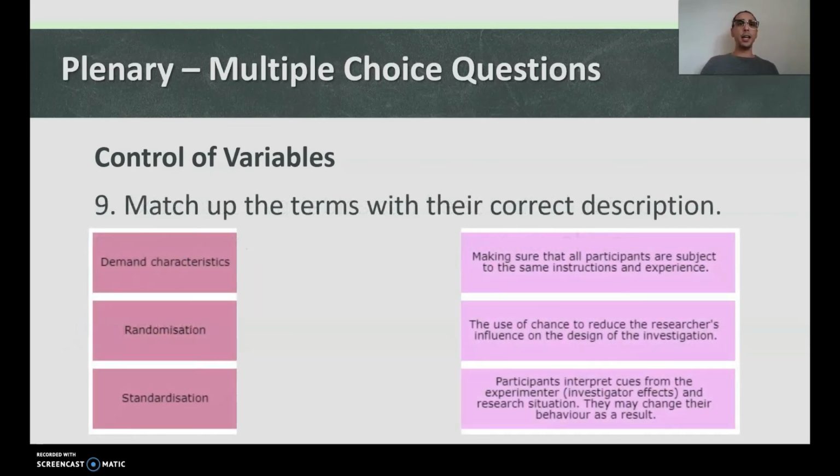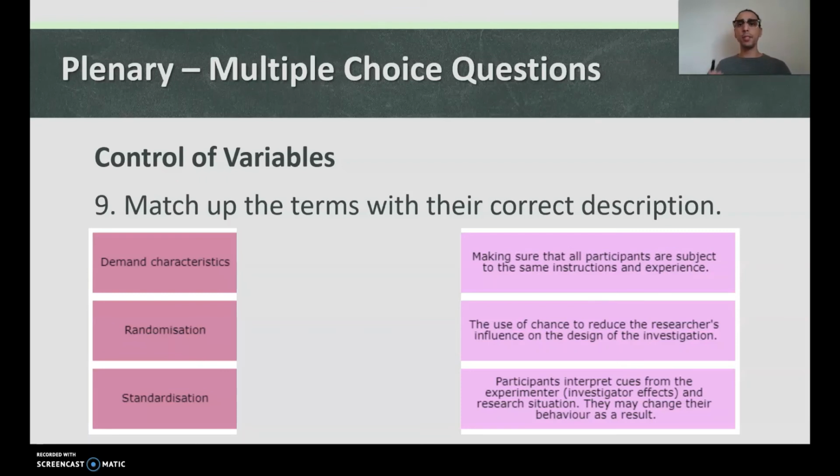Number 9. Match up the terms with their correct description. We've got demand characteristics, randomization, standardization. Making sure that all participants are subject to the same instructions and experience. The use of chance to reduce the researcher's influence on the design of the investigation.